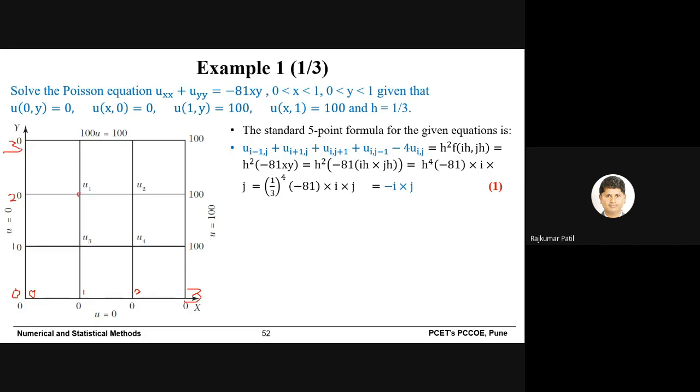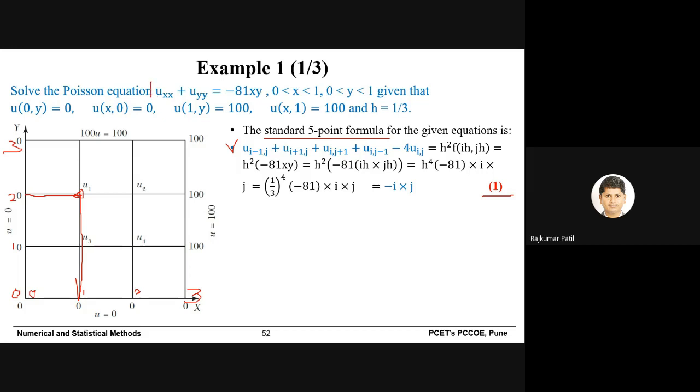For u1, your i will be 1 and your j will be 2. So this is how you can easily understand the values of i and j for u1. So this is how we prepared equation number 1. And how did we prepare it? We used the standard 5-point formula, which is highlighted in blue.